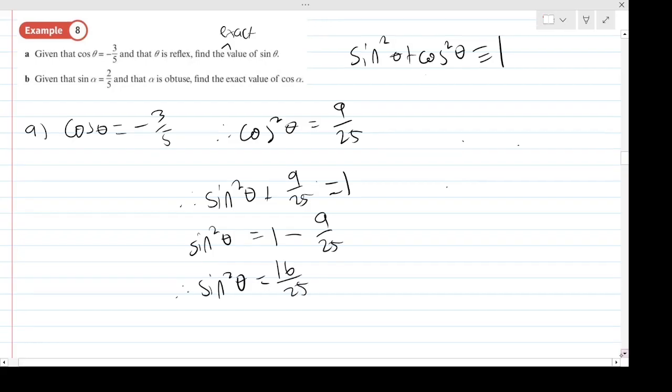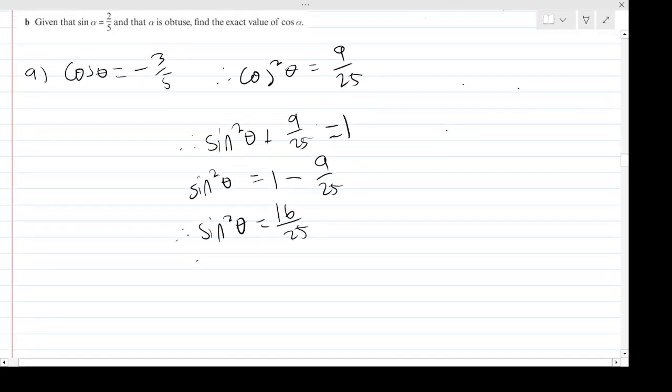Right, but that's sine squared theta. If we want sine theta, then we're going to square root both sides. And it's going to be plus or minus root 16 over 25, which should get me 4 over 5. And again, it's plus or minus because we're solving for something.